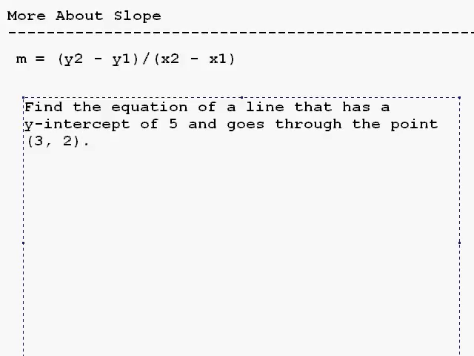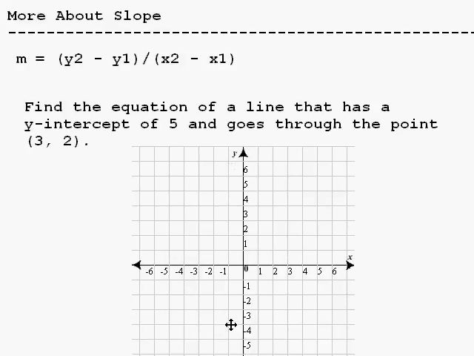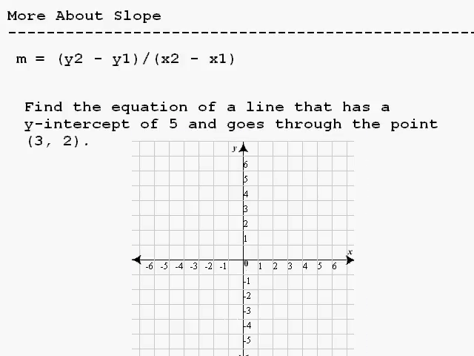Well, the trick here is that the y-intercept itself is also a point, because the y-intercept has to have an x-coordinate of 0. If the y-intercept is here at 5, then the x-coordinate is 0, no matter what. If the y-intercept was -2, the x-coordinate is always 0.